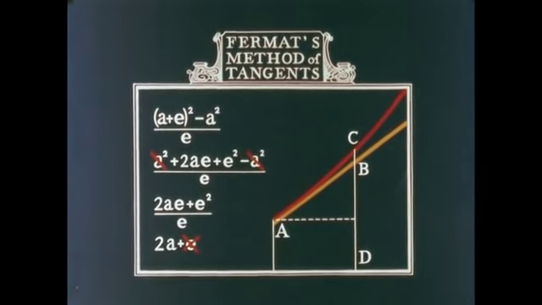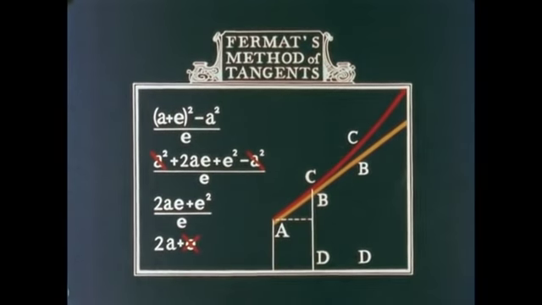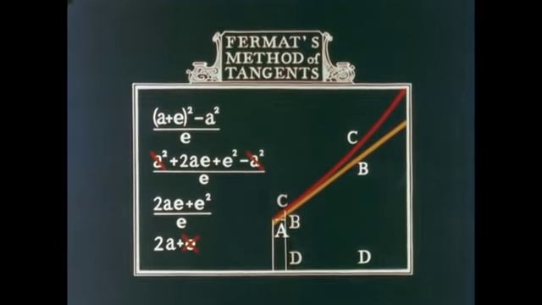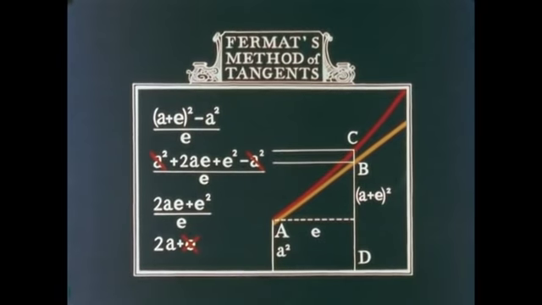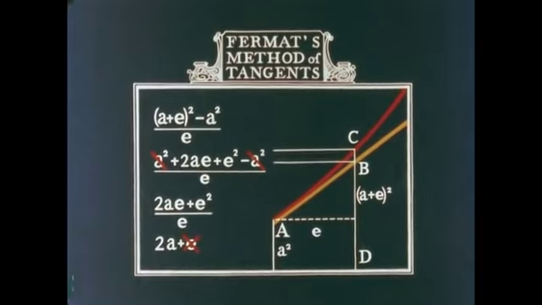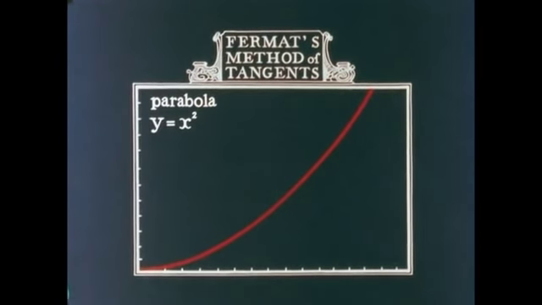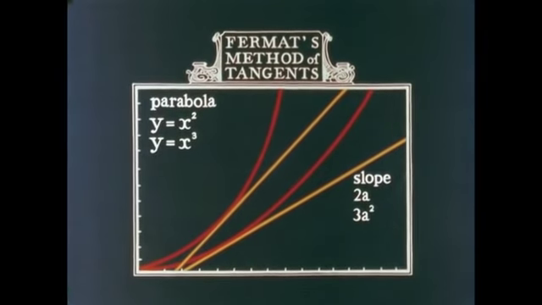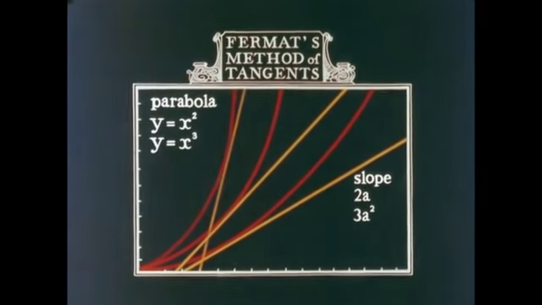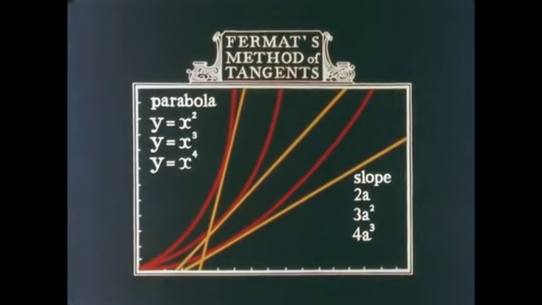We would nowadays apply a limiting argument, letting B and C approach A as e got smaller and smaller. But however we do it, it's clear that the slope is 2a. In the same way, Fermat was able to look at his so-called higher parabolae and derive the tangents to them as well. He found tangents to y equals x cubed, y equals x to the fourth, and so on.